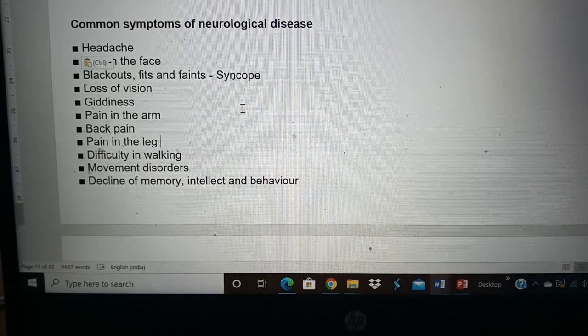The cerebellum controls the equilibrium or the stability of the human body. So when people have cerebellar lesions, they have instability, ataxia is present, and they do not walk normally. So movement disorders can be present, and in any nervous system disorder there can be decline in memory, problems of intellect, and problems of behavior. So these are the common symptoms of neurological disease.